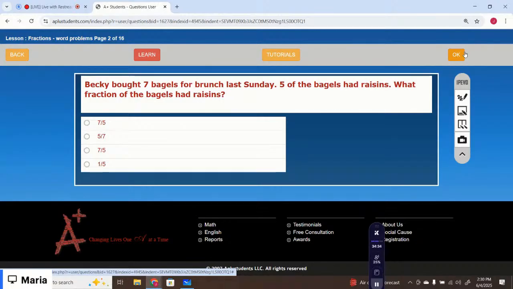That is 5 out of 7, because 5 of them have raisins and the total were 7. So that is 5 out of 7.